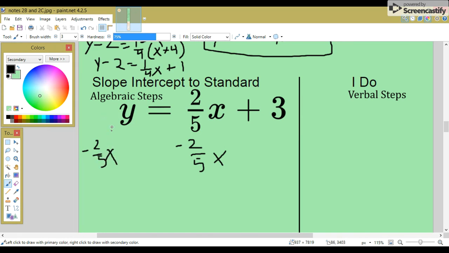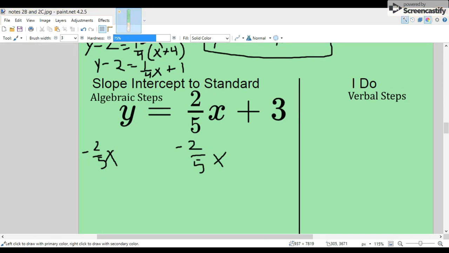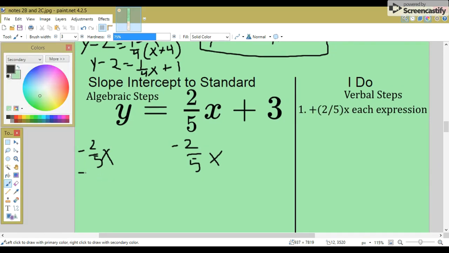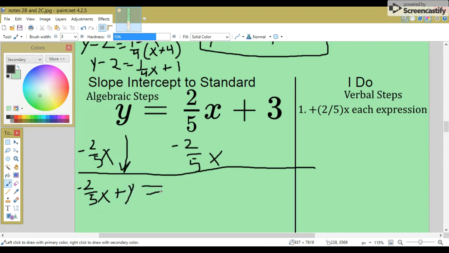And we want to line up the x with the space because there's no x on this side of the equation. So we have -2/5 x, bring down the y, plus y equals 3.